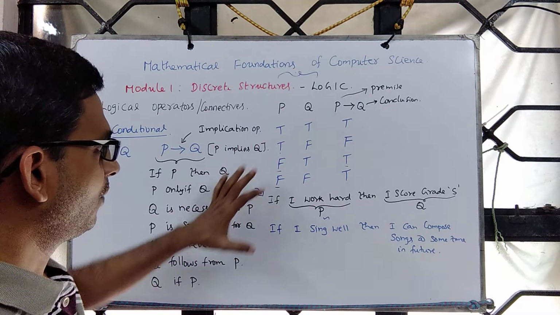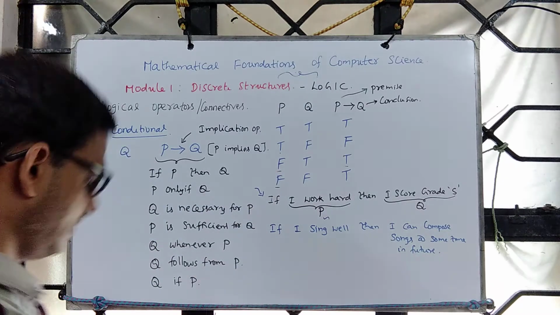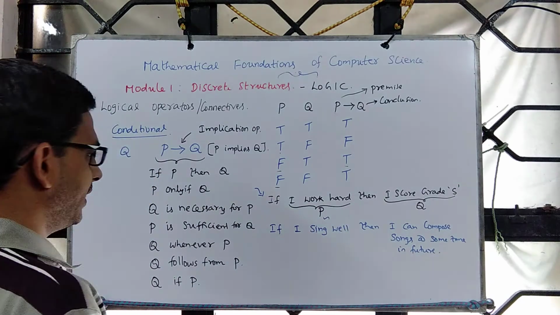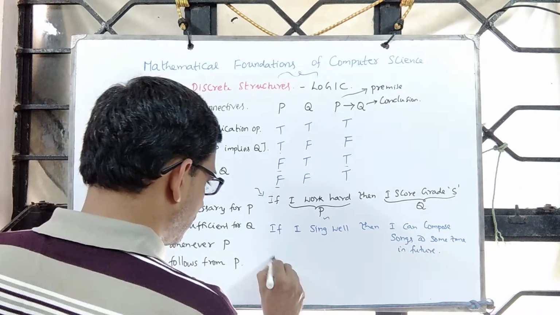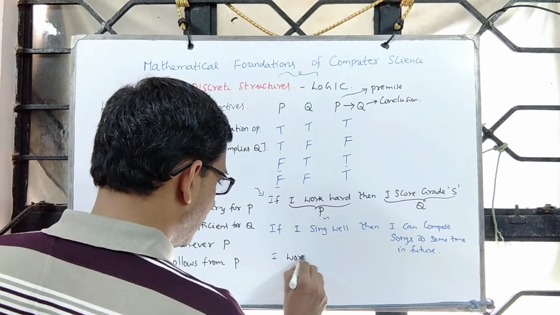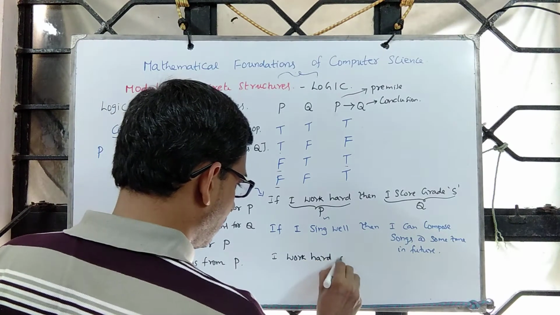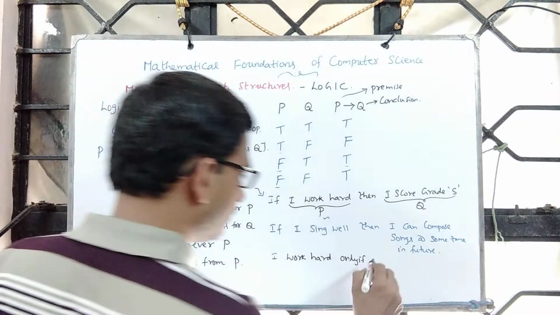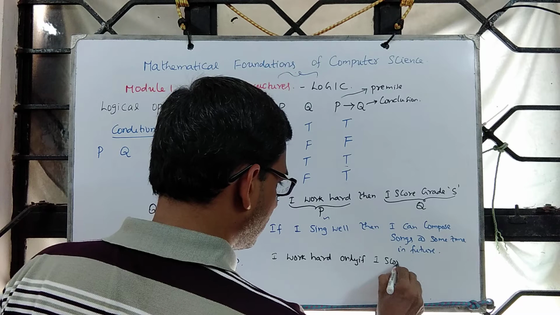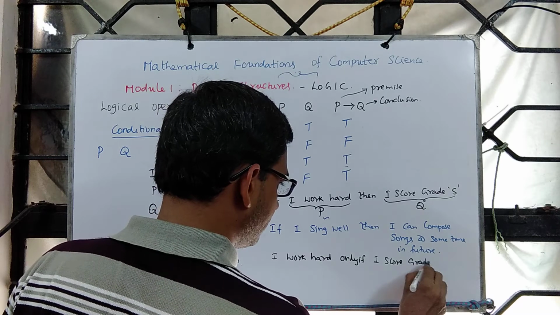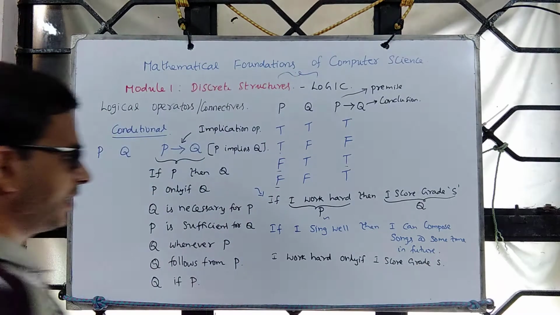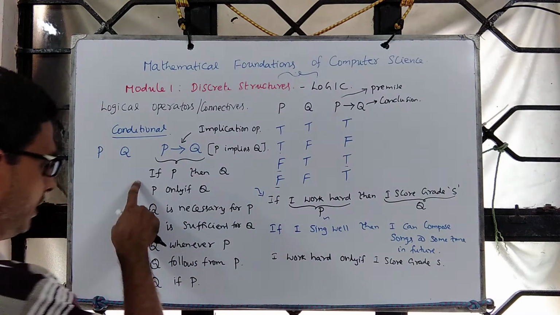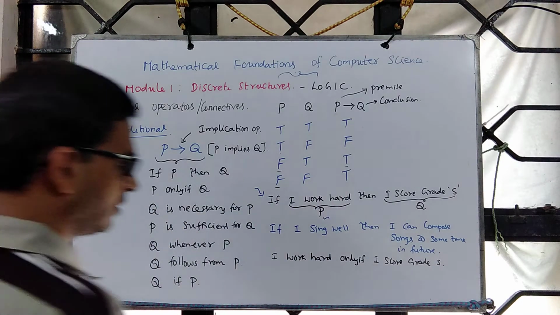Now one can write this statement in many different ways. I work hard only if Q, so I score grade S. So in English, this P implies Q means many things.